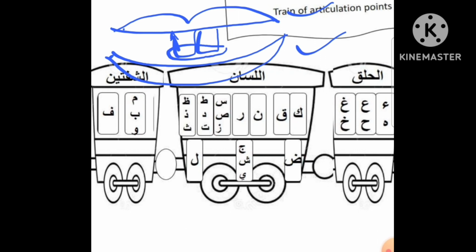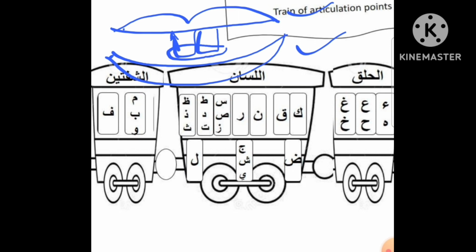So when the tip of your tongue touches the tip of your upper two teeth, you know how the snake makes the sound? The snake says hiss, hiss. At that time the tip of your tongue is a little visible from the outside. You don't need to bring your whole tongue out. You have to just show that little bit of the tip of your tongue.